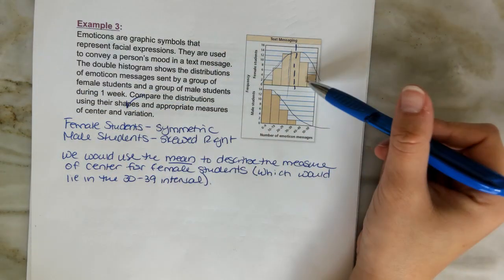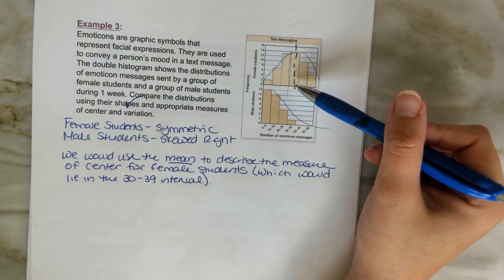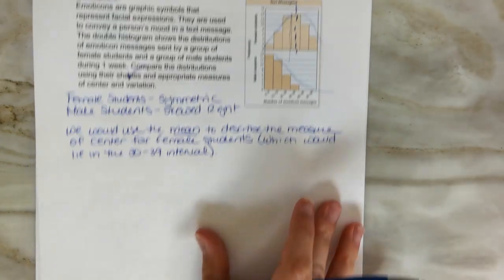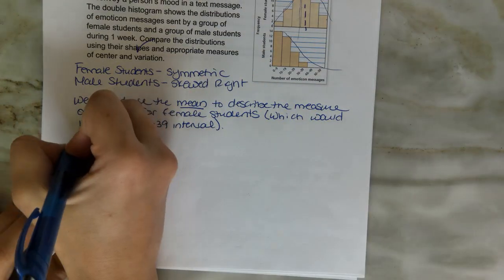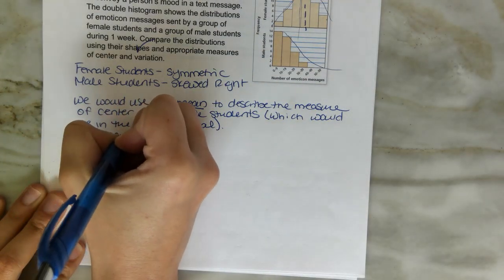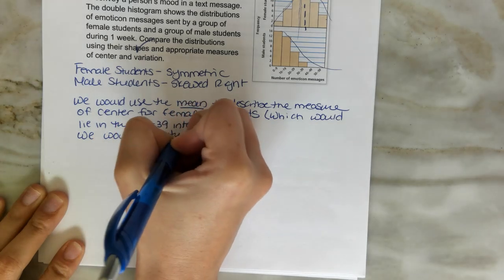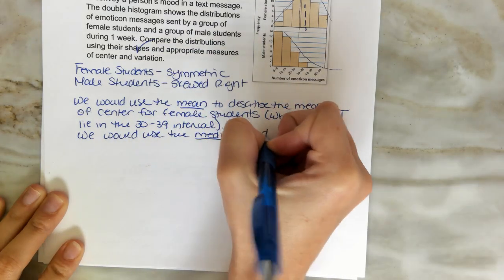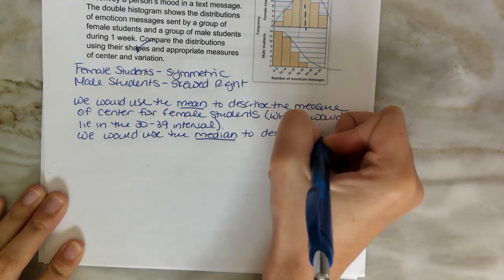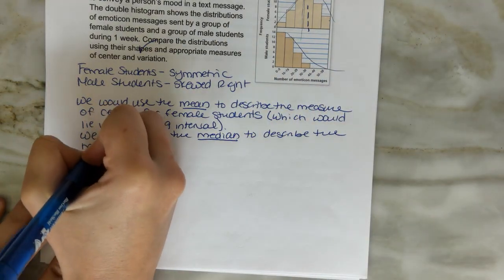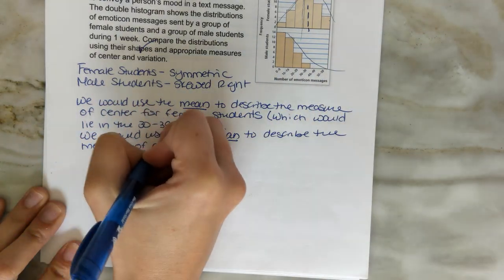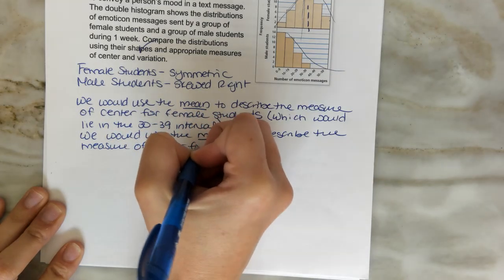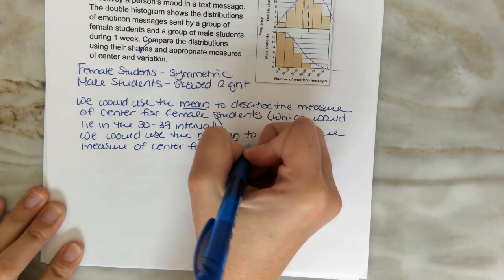Like I said, symmetrical doesn't mean 100% symmetrical. We would use the median to describe the measure of center for male students.